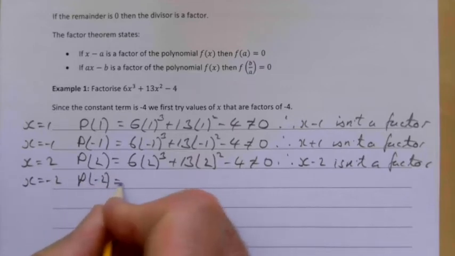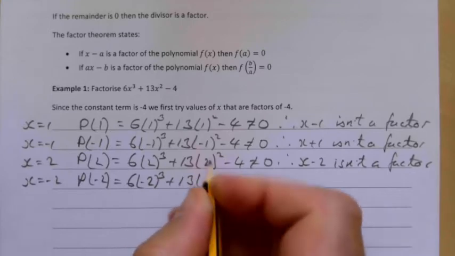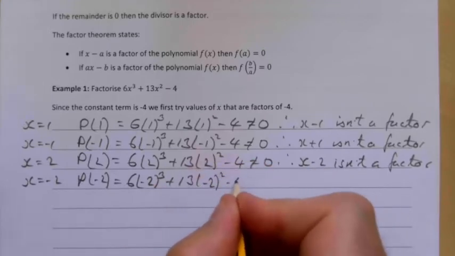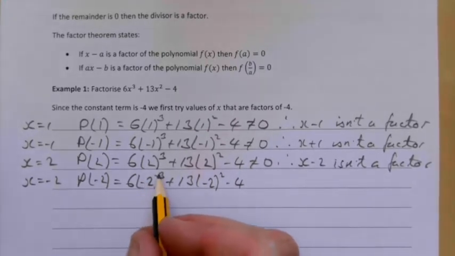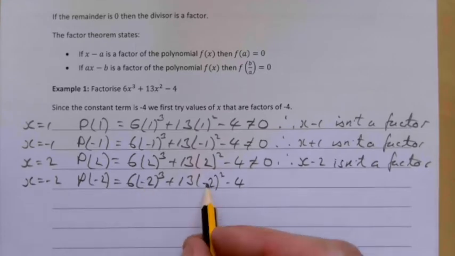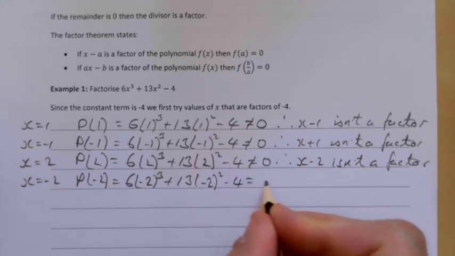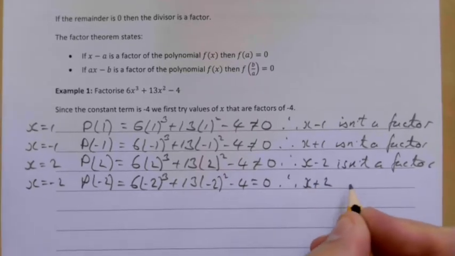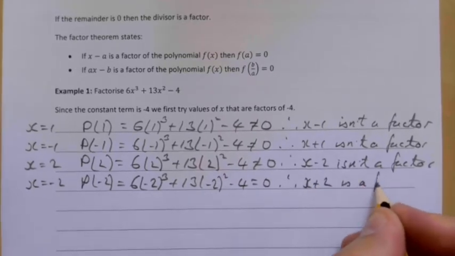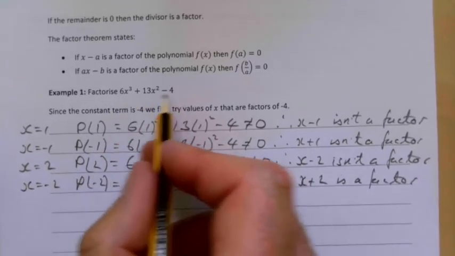P of minus 2, 6 upon minus 2 cubed plus 13 minus 2 squared. Take away 4. So let's calculate this. Minus 2 cubed is minus 8, so that's going to be minus 48. Minus 2 squared, 4 times 13 is 52. So minus 48 minus 4 plus 52 is equal to 0. Therefore, x plus 2 is a factor.